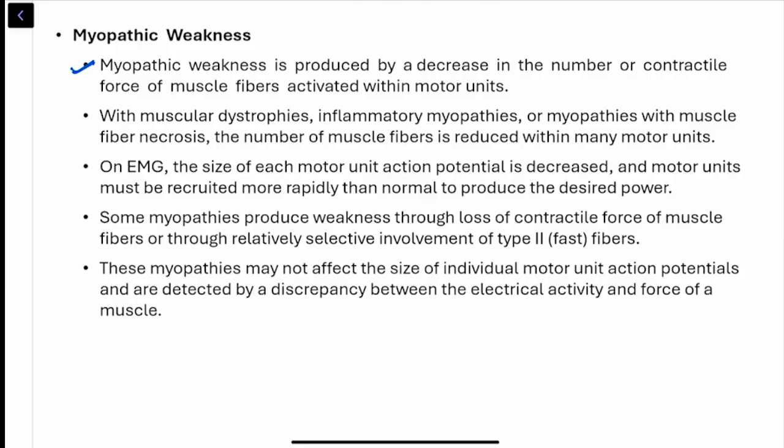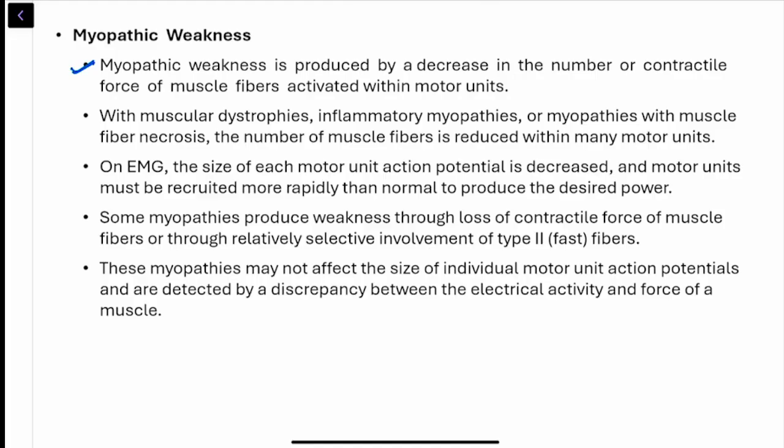Why? Because of myopathy, meaning the cell is involved. There is a certain protein in the cell which is involved, or a certain drug which is causing that cell to get damaged, or an autoimmune disease which is damaging that muscle cell. So if the muscle cell, the last part of the motor system, is defective, again it will cause weakness, and that weakness is called myopathic weakness.